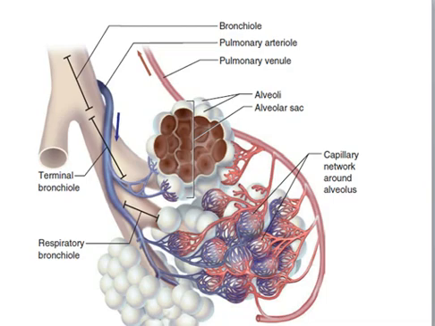Alveoli are lined by two types of epithelial cell. This is very important. The first type is the type I pneumocyte. This is a flat cell, and it is nearly 95% of the alveoli. And the second type is the type II pneumocyte. This is a granular cell, and nearly 5%.